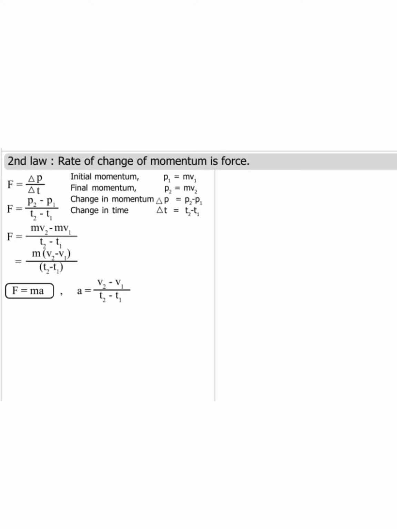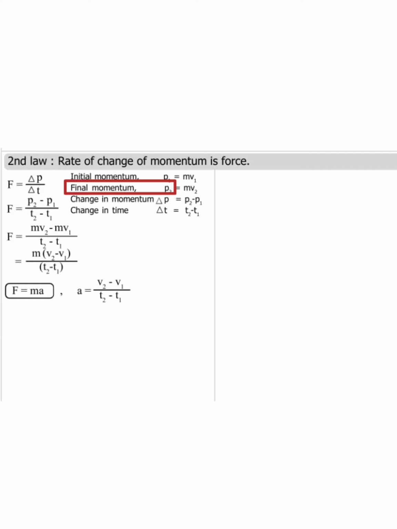Now we will derive F equal to ma from Newton's second law. P1 is initial momentum, for example, small m, V1, where the initial velocity is V1.